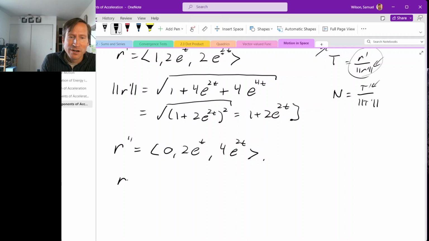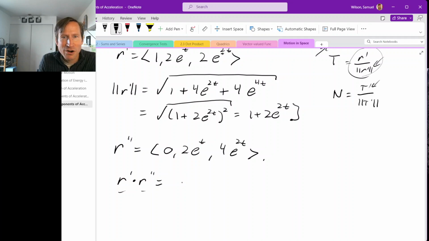So r prime dot r double prime. I don't remember which order I put this dot product in when we figured out the formula, but remember, it doesn't matter because it's a dot product.